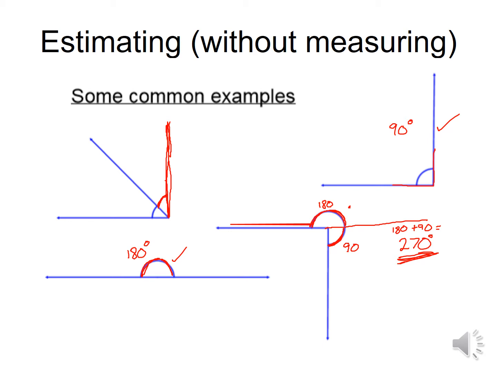So if I was to estimate this one, I would work out half of 90. So I would estimate that that one would be about 45. Again, it might not be exact, it might be anywhere between, say, 35 and 50, but it's around that kind of area. It's around 45, and that's all we're trying to go for, because we're estimating. So basically, we're guessing, but we're trying to do it with a reason.